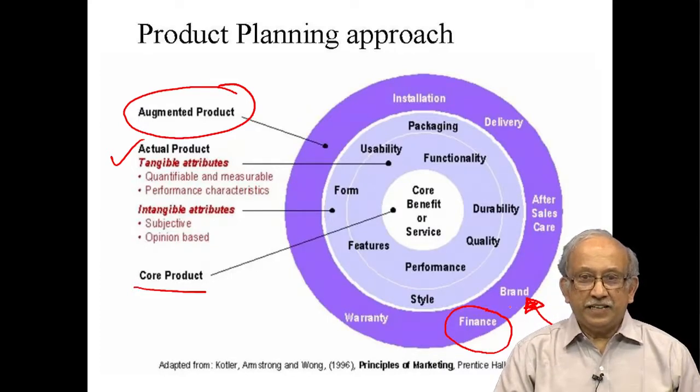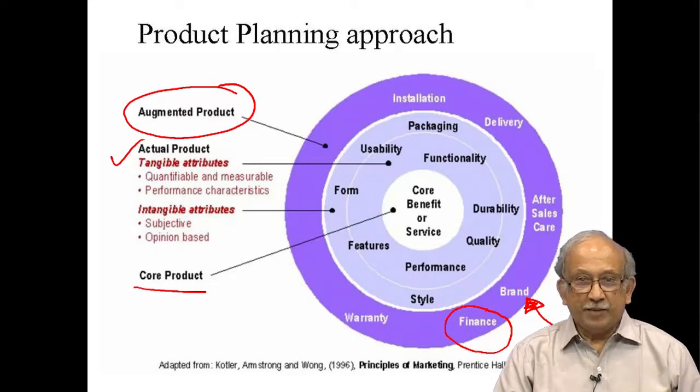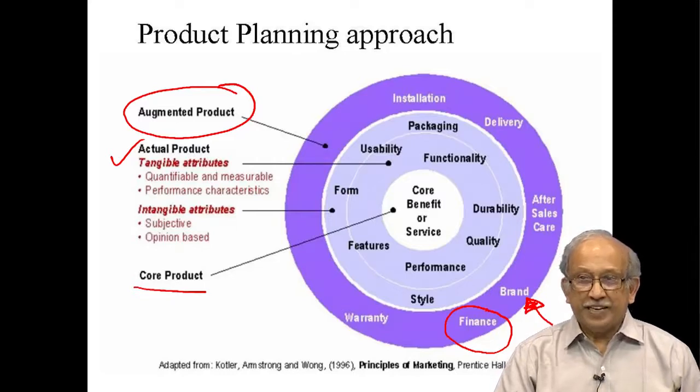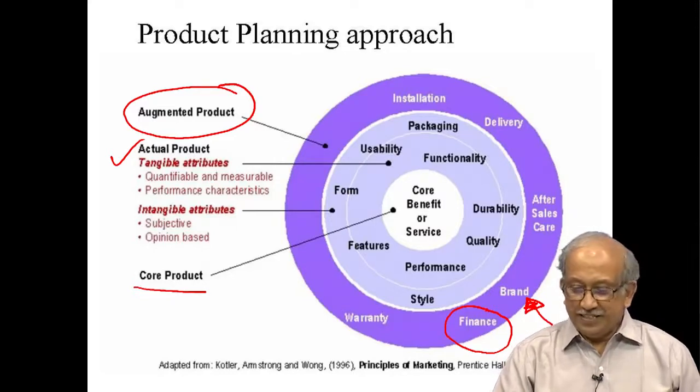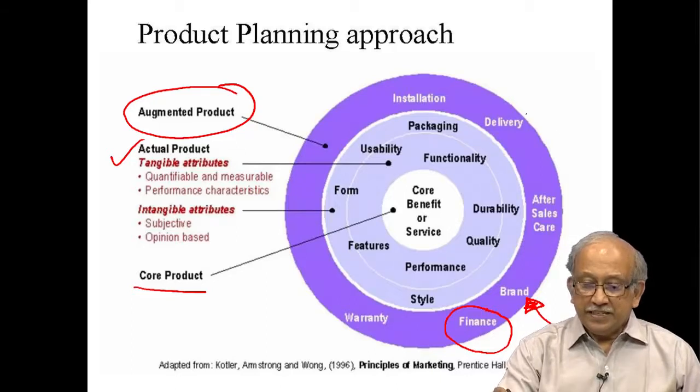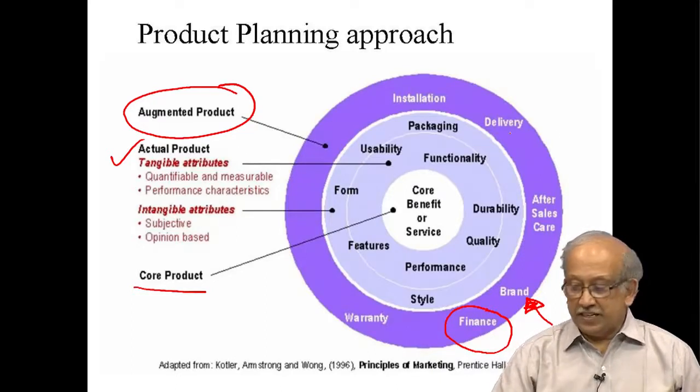Otherwise you wouldn't have branded bags, branded jeans, and now even branded commodities like branded salt, though sugar is not branded yet, so I can just imagine it. Then something related to how well it is installed and so on.